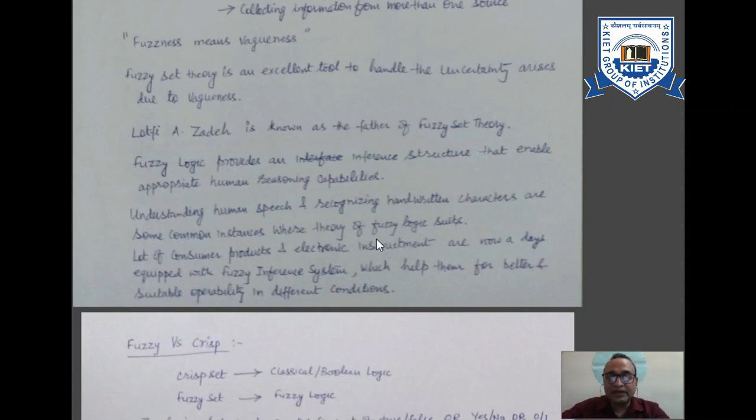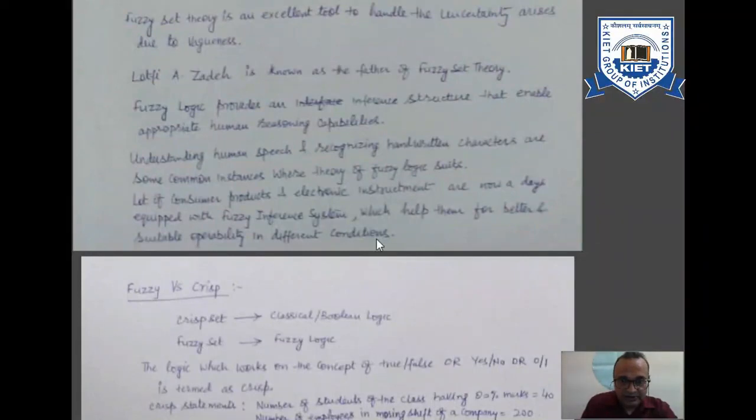Like if there is an aircraft, there can be an inference system that gives us the correct picture by considering the environment, such as outside temperature, humidity, wind speed, and other information. After collecting all this information, the inference system can tell us in which way the aircraft must be landed, or what the speed of revolution of the washing machine should be. So the Japanese have worked a lot in these domains.